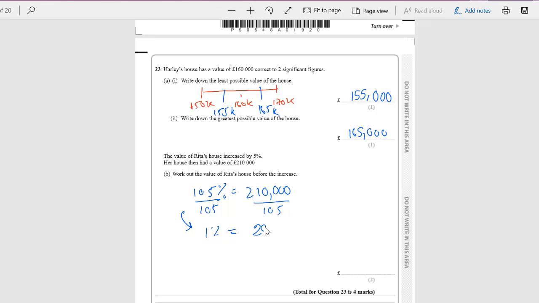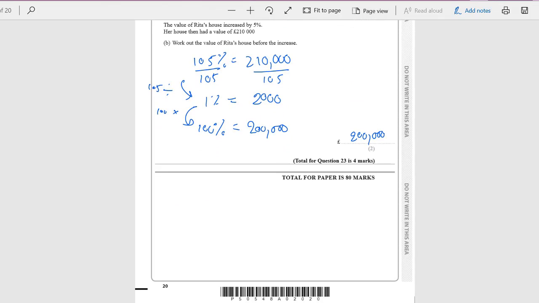So you get 2,000, and then divide by 105, and then here you times by 100, which will give you 100%, which will give you 200,000. So the answer is 200,000. And that brings us to the end of the paper.